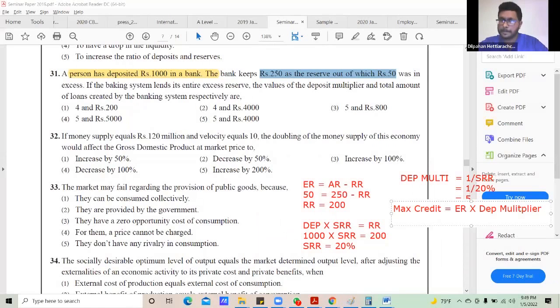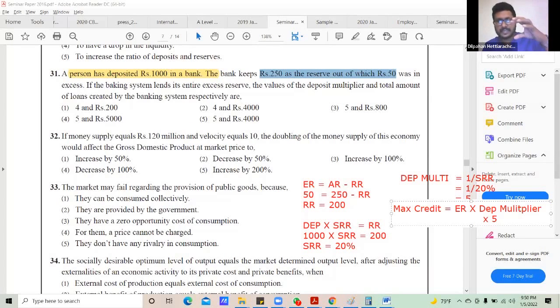How much can we put? Is it 50? No. Deposit multiplier, obviously that is 5. How much is the excess reserve? Then this new guy deposited 1,000.